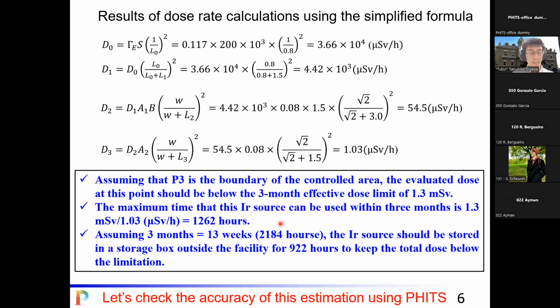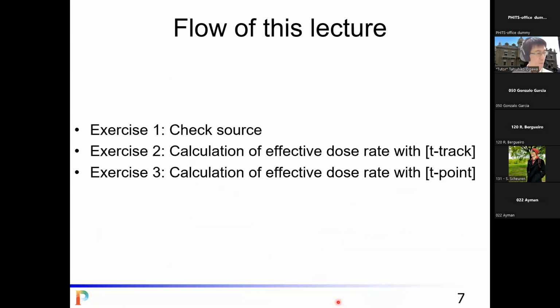Next thing to do is to check the accuracy of this estimation using FITS. Now it's time for FITS. We go through 3 steps. First, check the source, and then calculate effective dose rate with T-Track, and then we learn T-point tally, which is a point tally.